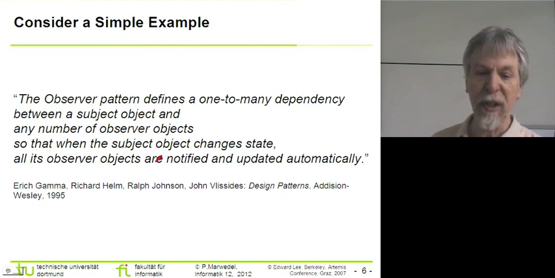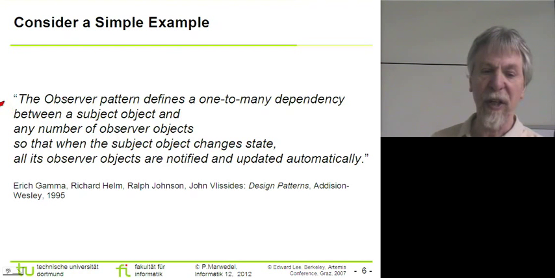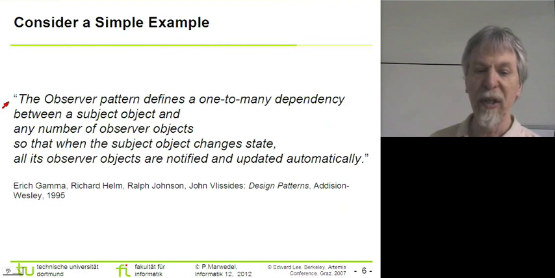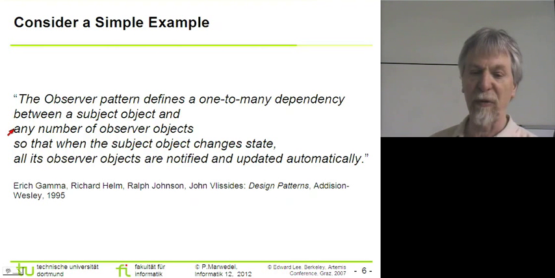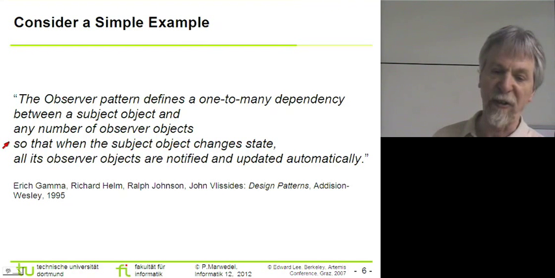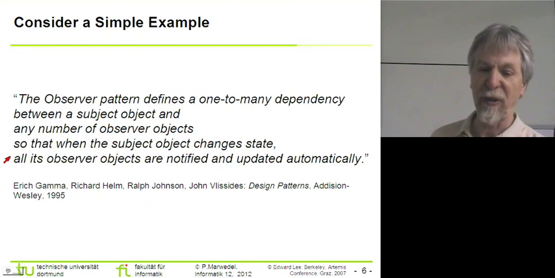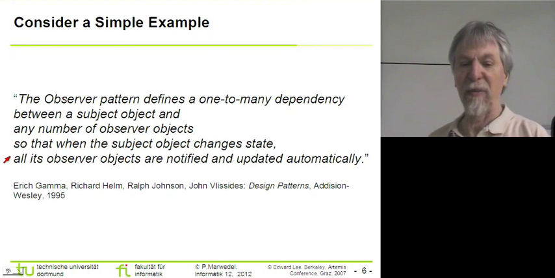In that particular case, the presentation uses as an example this so-called observer pattern, where the observer pattern is defined as a one-to-many dependency between a so-called subject object and any number of observer objects, so that when the subject object changes state, all its observer objects are notified and updated automatically.